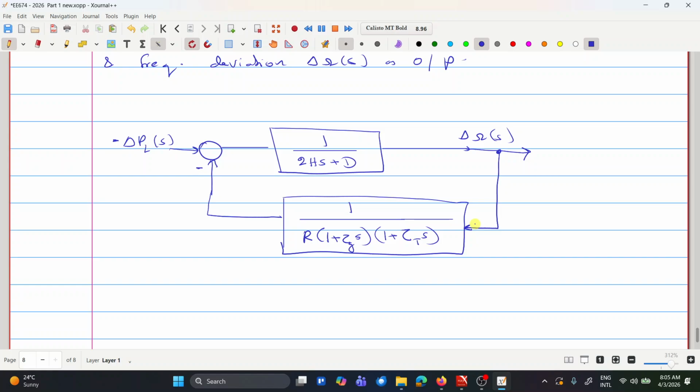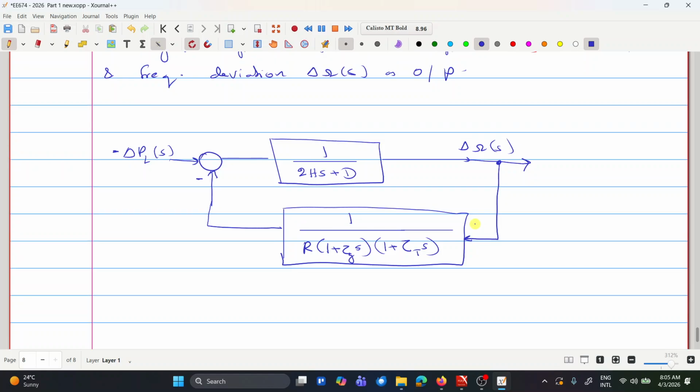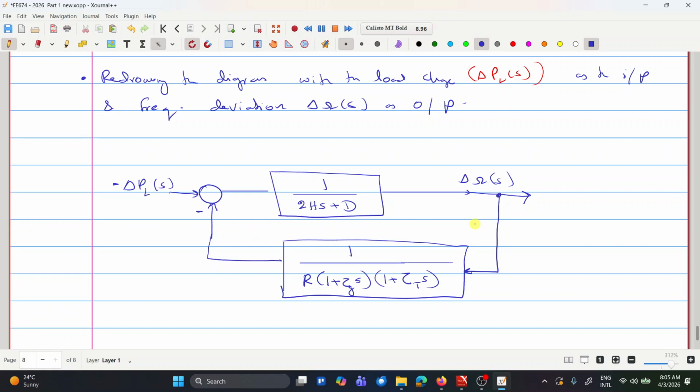Okay, so this is the block diagram with the load change as the input and the frequency deviation as the output of the model, right?